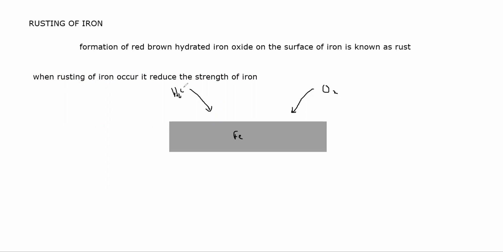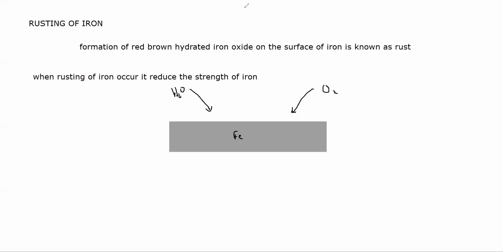When we say hydrated compound, the term hydrated compound means that it should have water molecules as well. So when iron reacts with oxygen, it will form iron oxide. And when these water vapors are there, then it will form hydrated iron oxide.